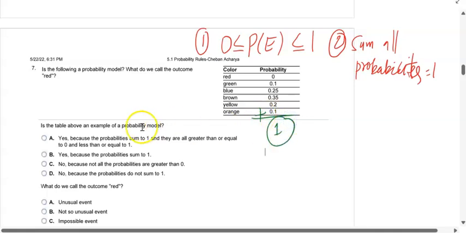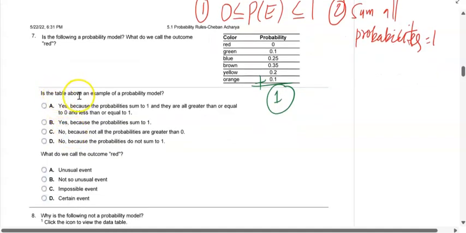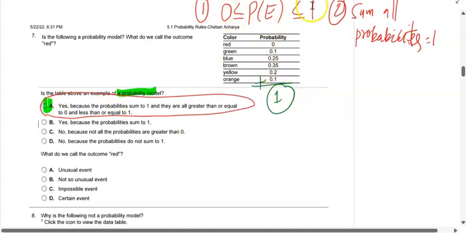Therefore, the answer to the first question, is the table above an example of a probability model, is yes. Why? Because all the probabilities are between 0 and 1, inclusive, and the sum of all probabilities equals 1.